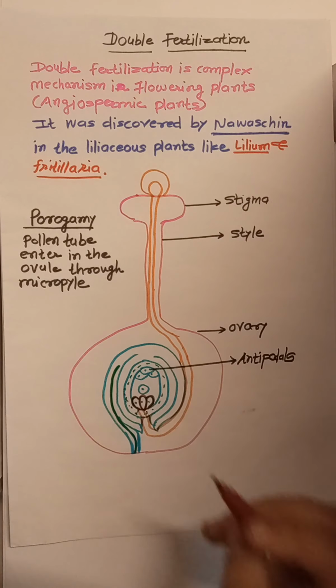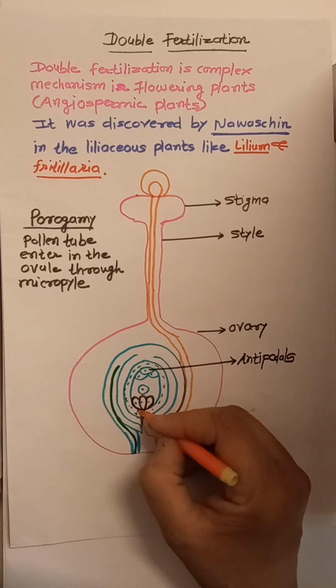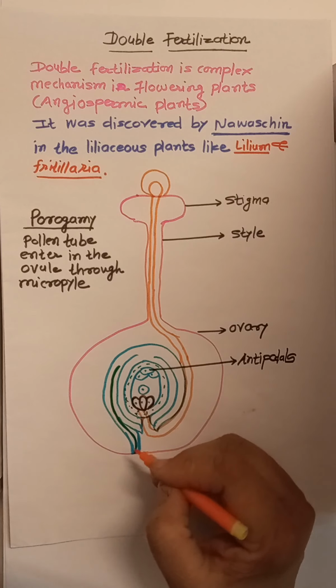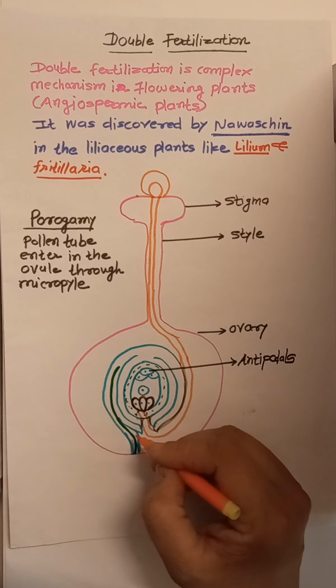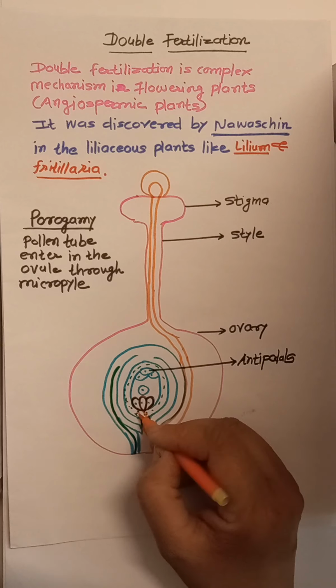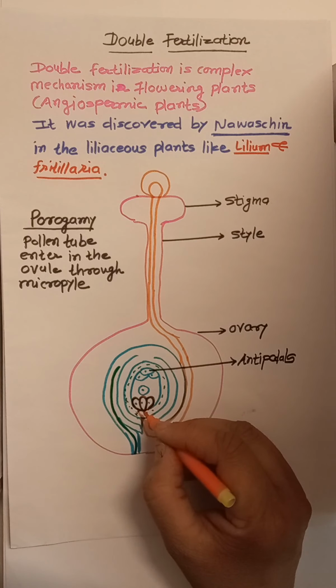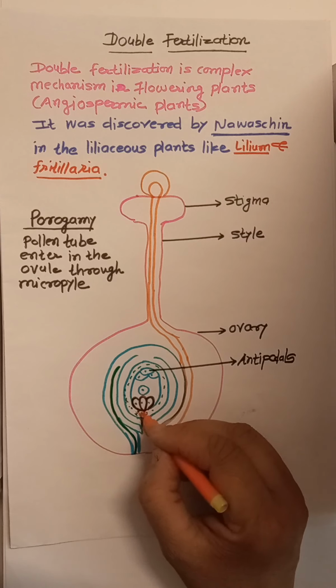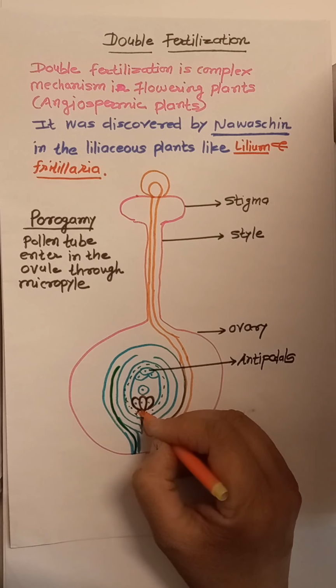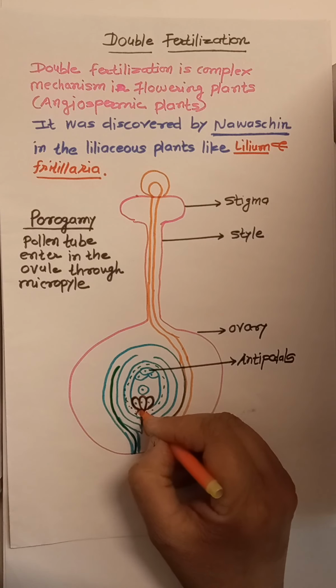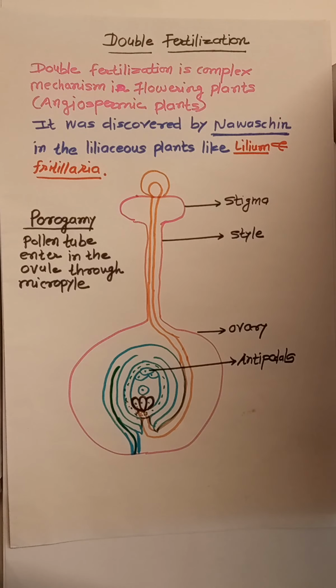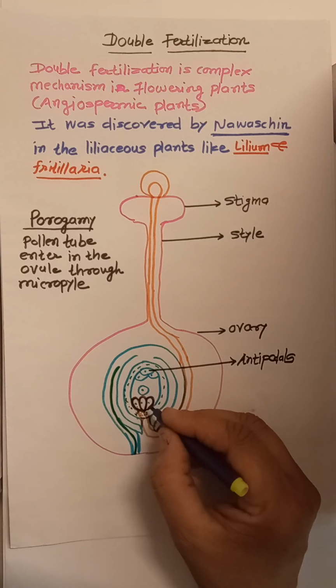So see, this is tip of pollen tube. When tip of pollen tube touches one of the synergids, it absorbs watery content of the synergid, and then this tip of the pollen tube ruptures and releases 2 non-motile male gametes inside the embryo sac.